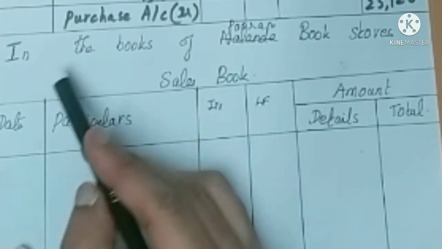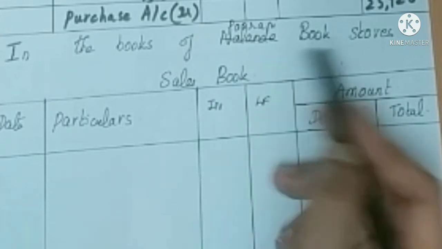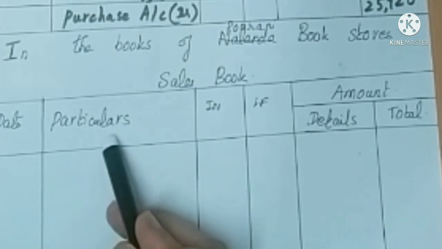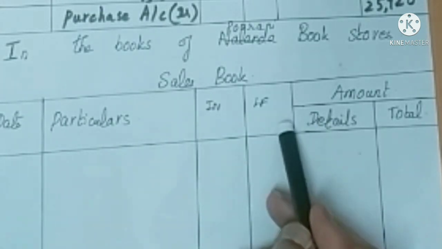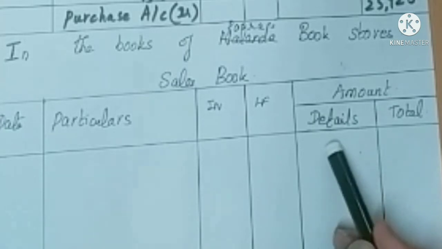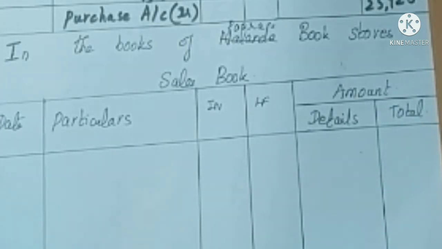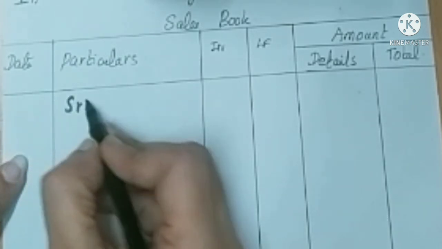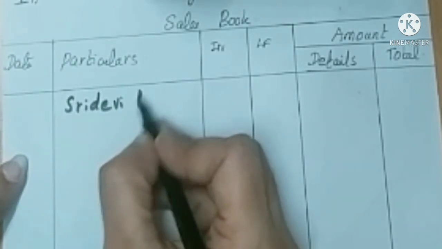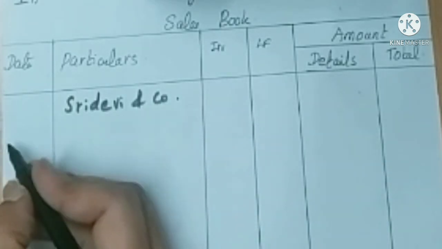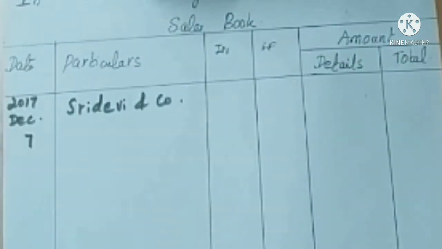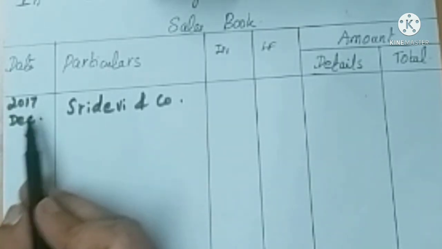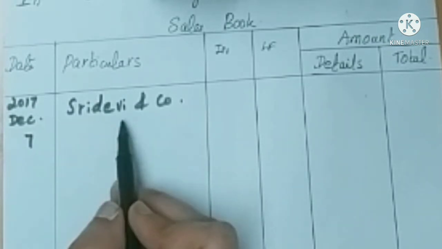That is, in the books of Purani Bookstores, sales book, date, particulars, IN, LF, amount, details, total. So I am going to write here Sri Devi and Co. The date of the transaction is 2017 December 7.